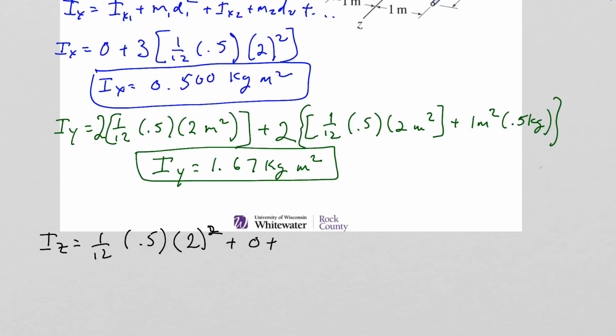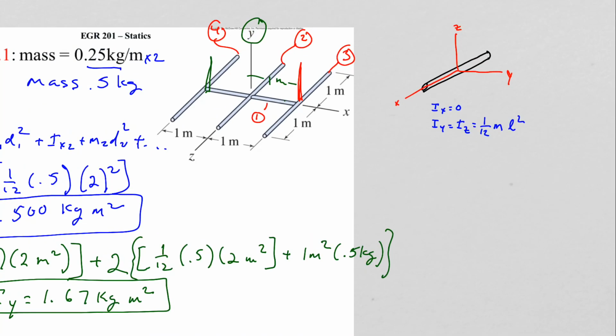For shape 3 and 4, again, these two are going to be very similar. 2 times, and let's look at it. I'm looking at an axis that is in the z direction, which is also this direction. If we do that, we see the moment of inertia is actually 0 for both of those. Well, that's interesting.